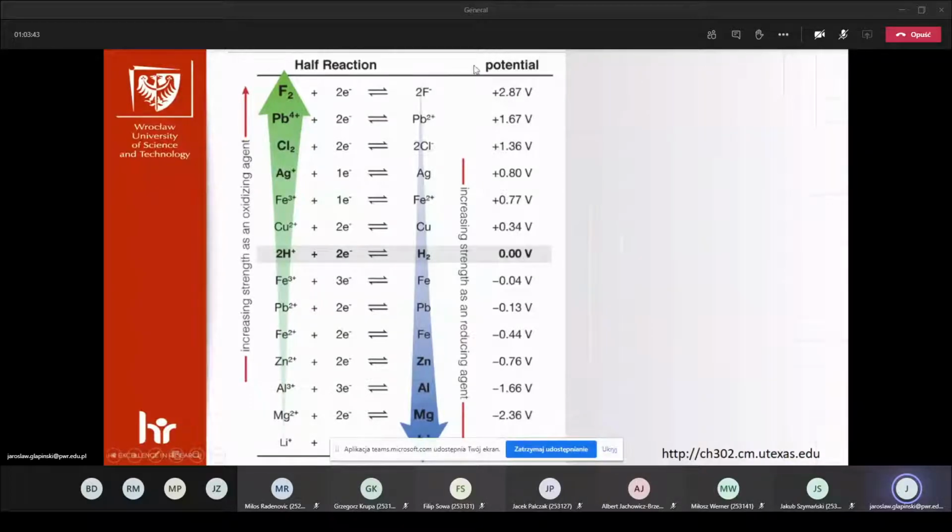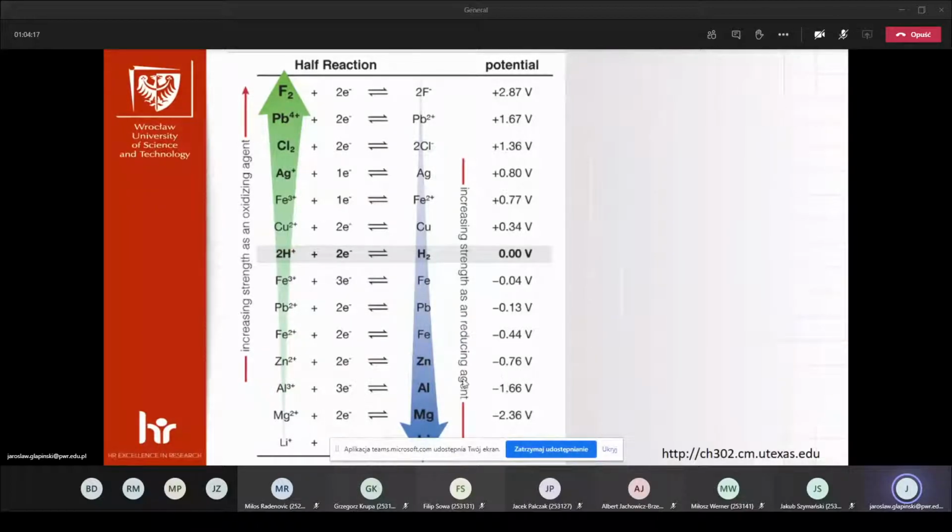This potential is connected with what the guy was talking about: how much copper wants the electrons and how zinc is weak and loses the electrons. So copper wants the electron at plus 0.34 volts, and zinc is weak and loses the electrons at minus 0.76 volts.